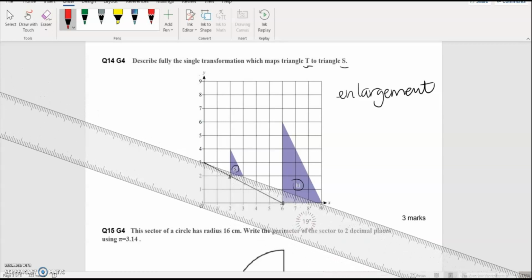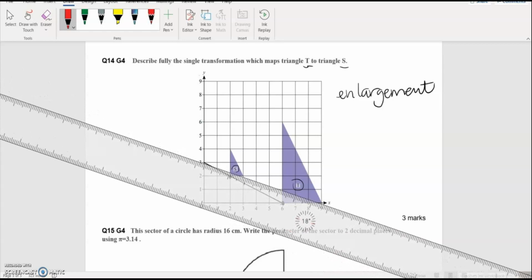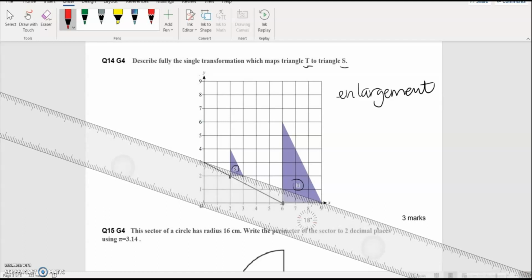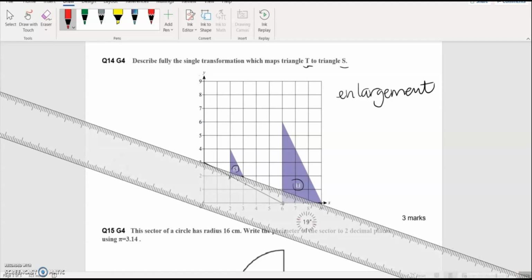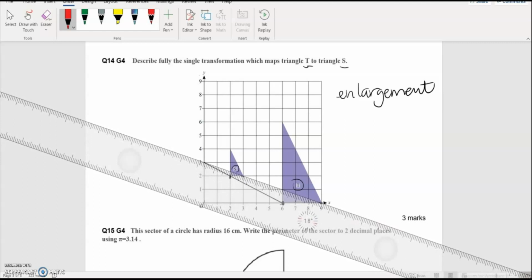We have these 2 similar corners. So we have this one here and this one. We'll connect them through a line.